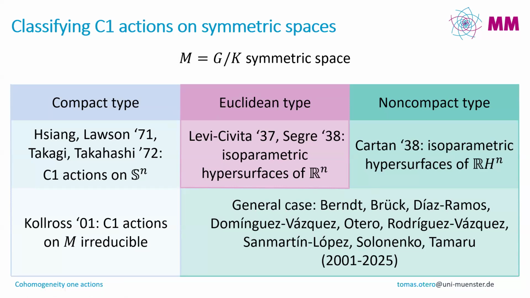So a natural question to ask is, what happens if your symmetric space does not have a type? For example, what happens if you have a product of a sphere and a hyperbolic space? Which kind of things do you recover?